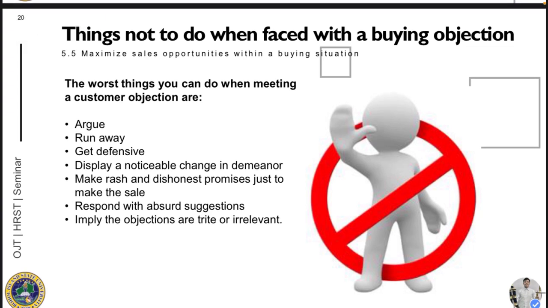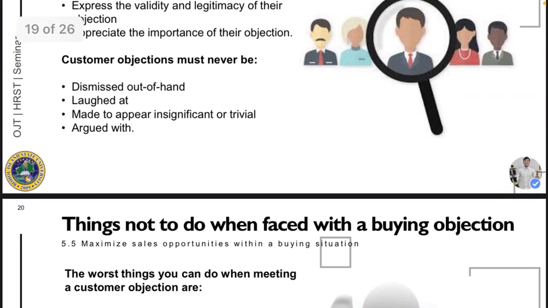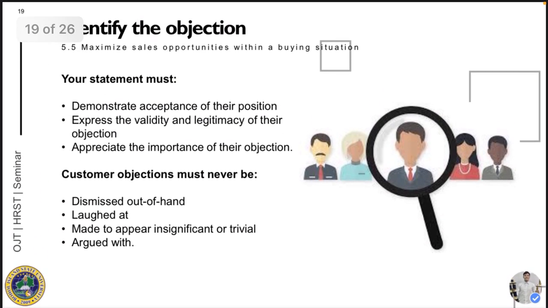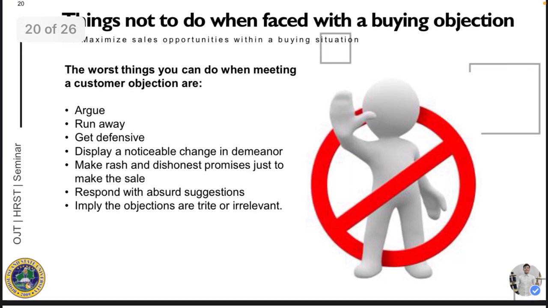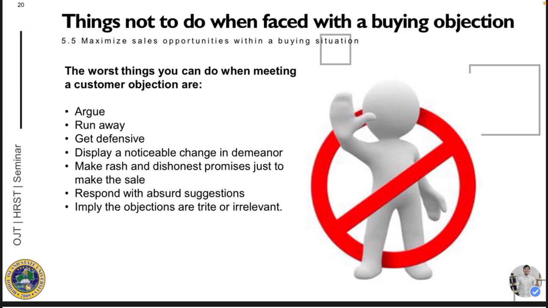These are the worst things. Those are the things that must never be done by us sales staff, the worst things we should not do when we receive an objection. Number one, we should never argue with the customer.